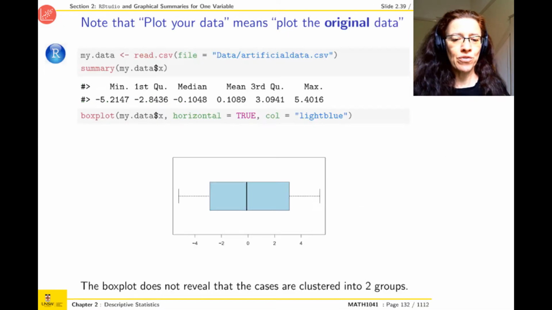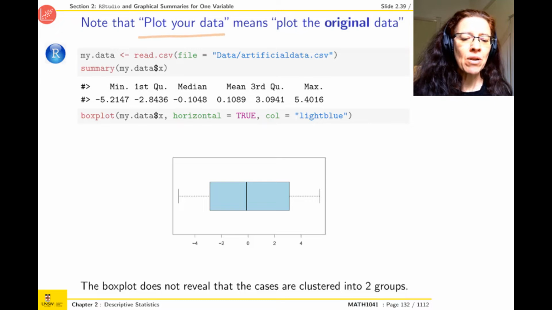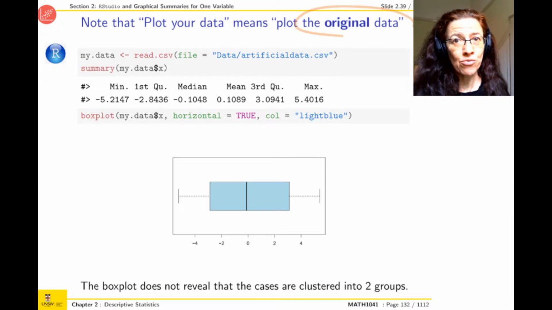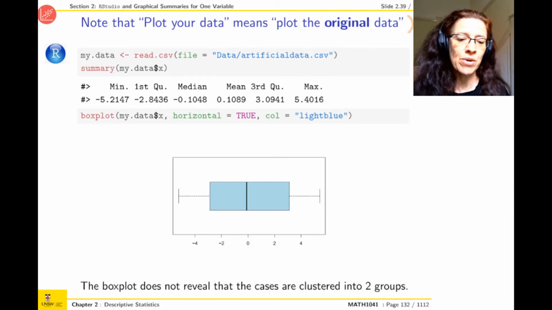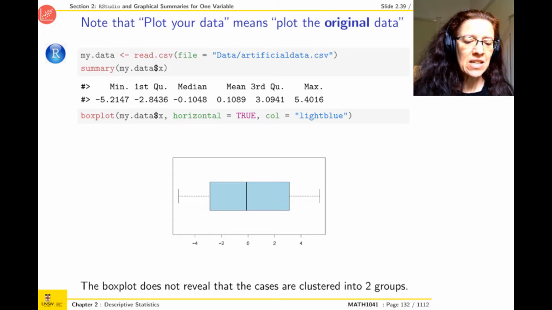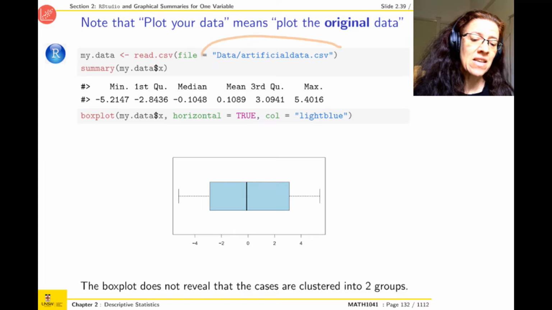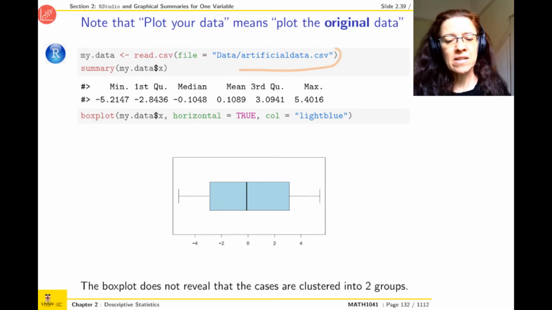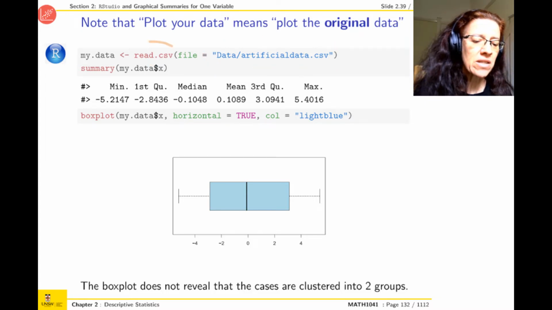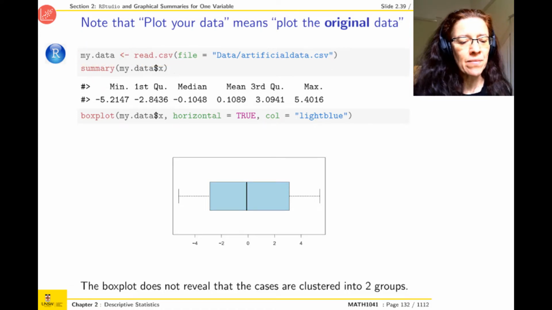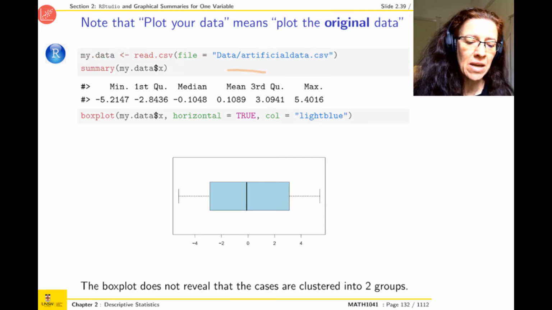And just a word of warning here: when we say plot your data, we really mean plot the original data, not a summary of the data. See here, I import this data set, which was called artificial data.csv. I read this CSV file into something called mydata, and then I get the summary. The summary instruction will get me the five-number summary plus the mean.